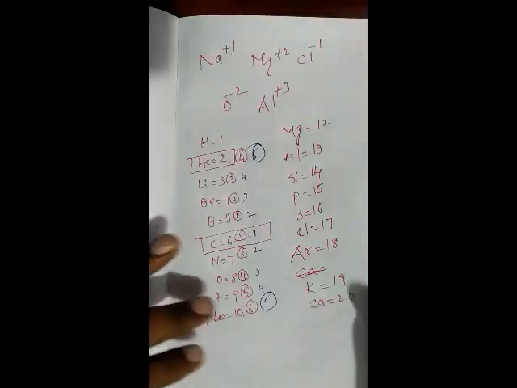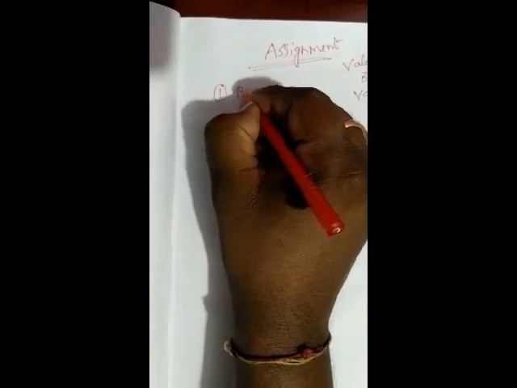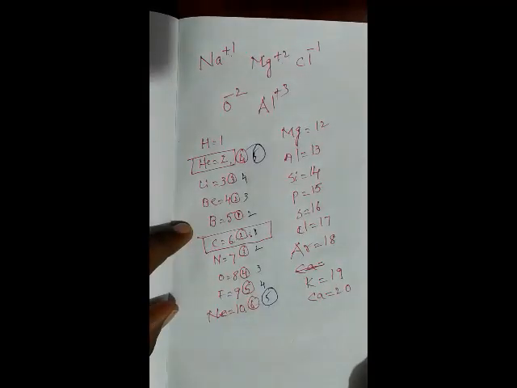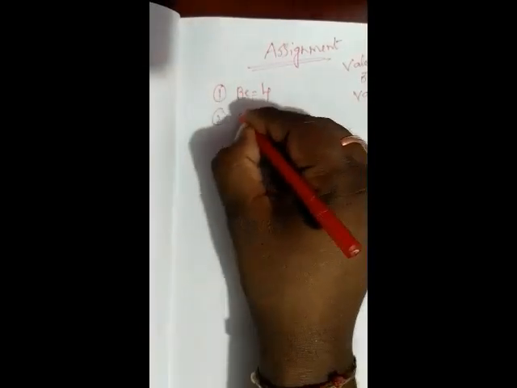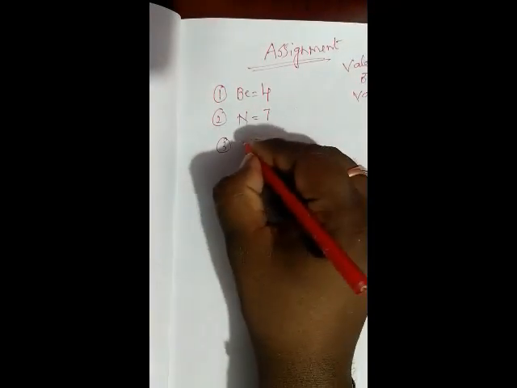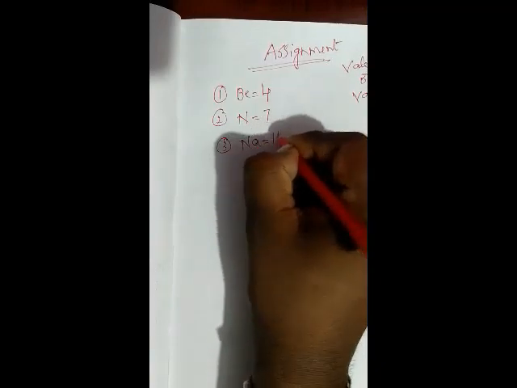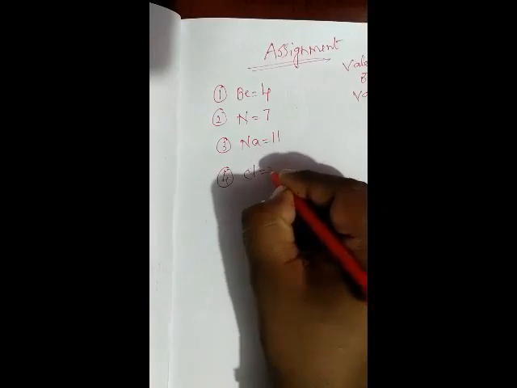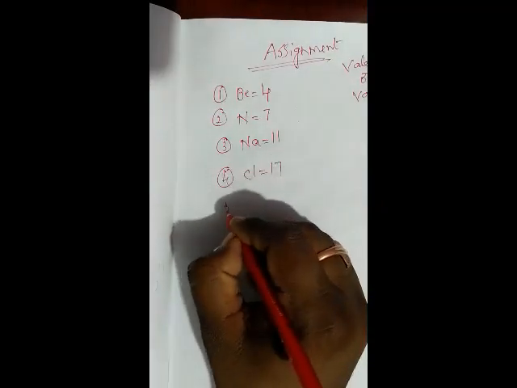First one is beryllium, atomic number 4. Second one, nitrogen. Find the valency of a nitrogen atom. Find the valency of a sodium atom. Find the valency of a chlorine atom.